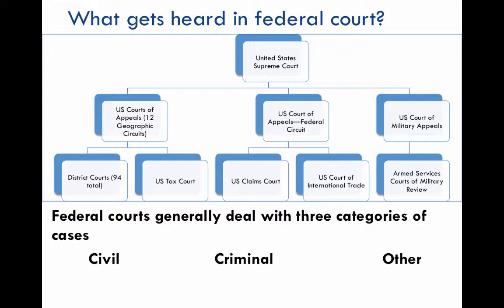That's primarily where most of the cases start. And in fact, it's where we're going to be focusing on today, the district courts, the appeals courts, and then the Supreme Court. But at the same level, you have tax courts, claim courts, trade courts, and then the military courts start at the Armed Services Courts of Military Review. So there are different pathways up through the system, and those sometimes represent different types of cases.